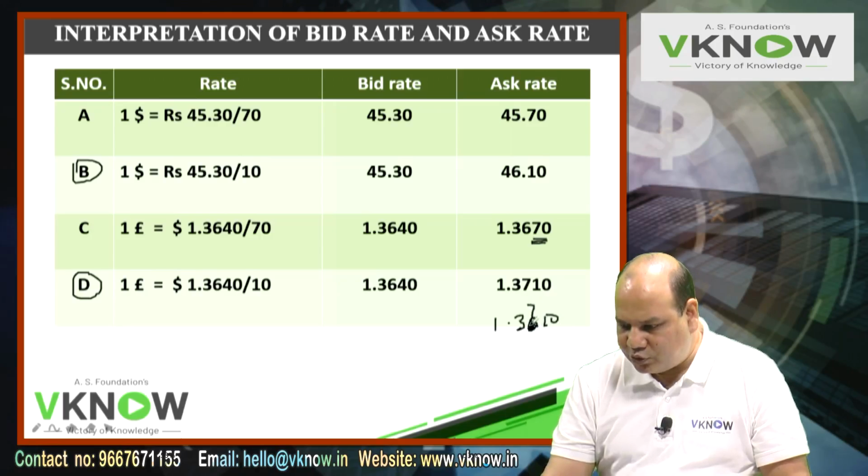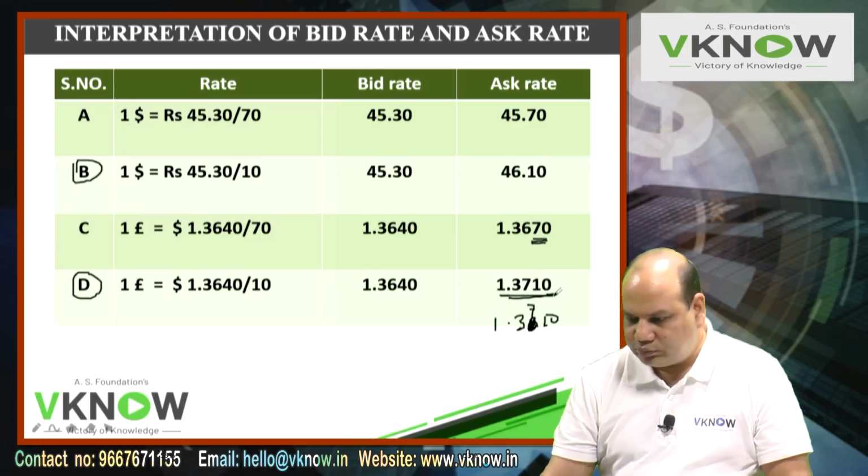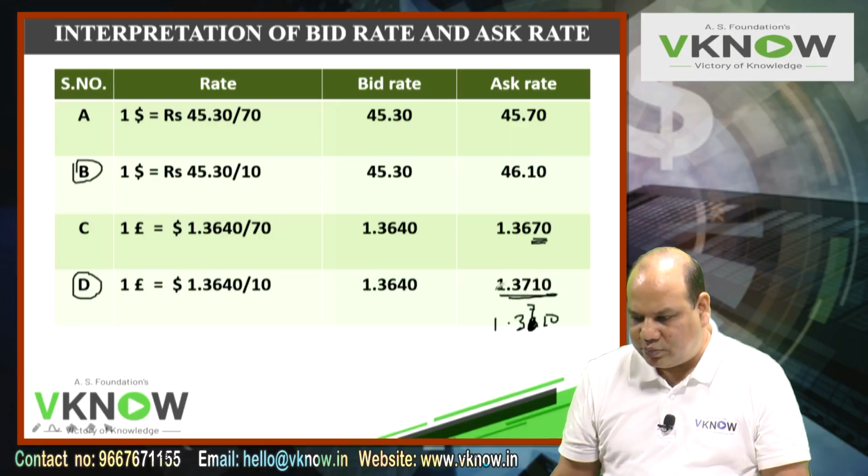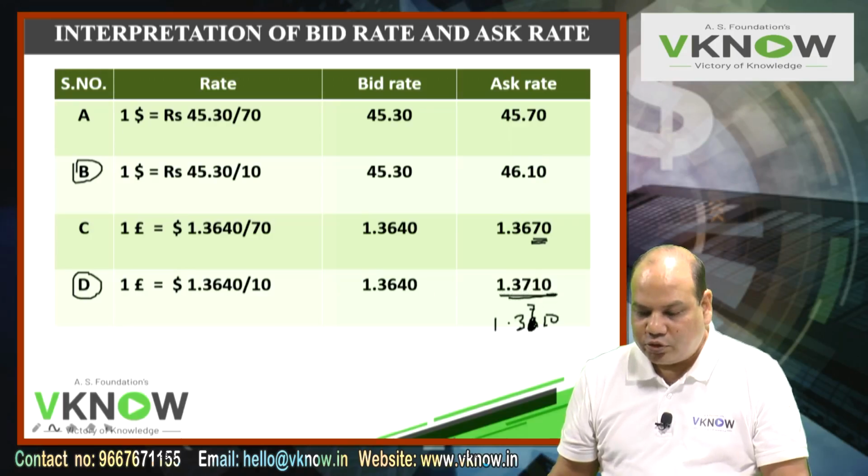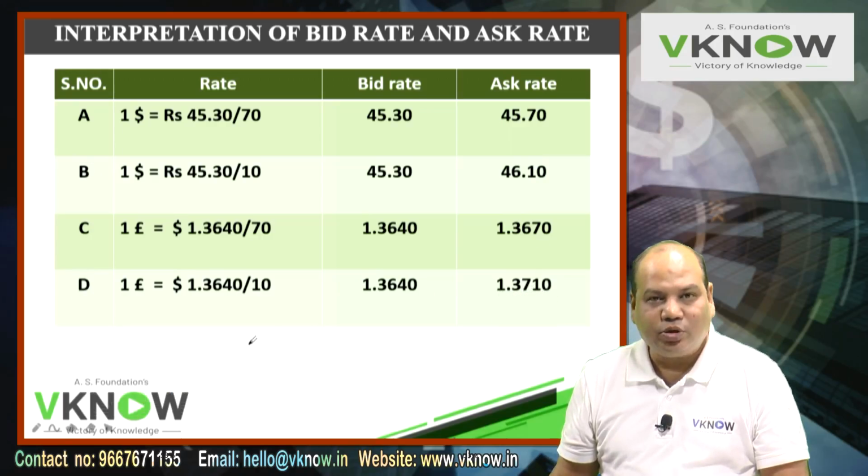If it was 6, you just increase it to the next higher number 7. Now you see it is consistent, 1.3710. So even if you are in a hurry, your ask rate cannot be less than the bid rate. I hope you have understood.